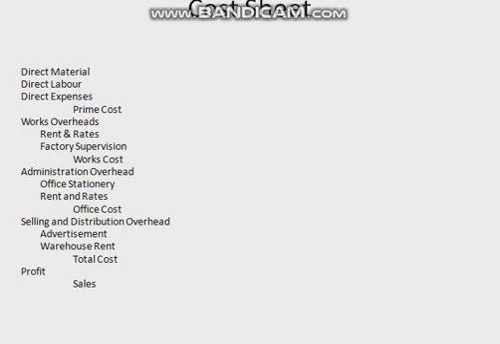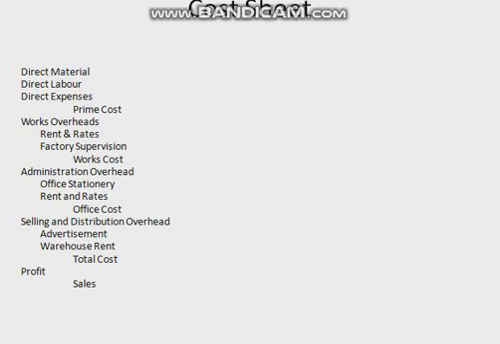Works overheads, we have already discussed the examples. Two examples I have given in this slide: rent and rates and factory supervision. So when we add works overheads to prime cost, we get works cost. And when we add administration overheads to works cost, I have given examples, that is office stationery, rent and rates, advertisement, bank charges. They are all administration overheads or office overheads.